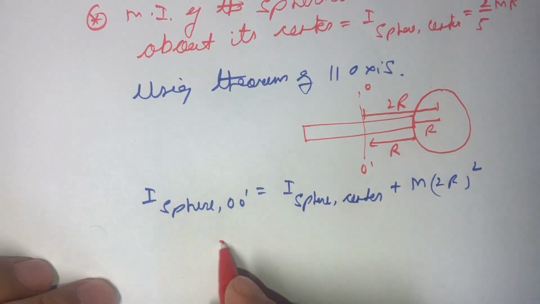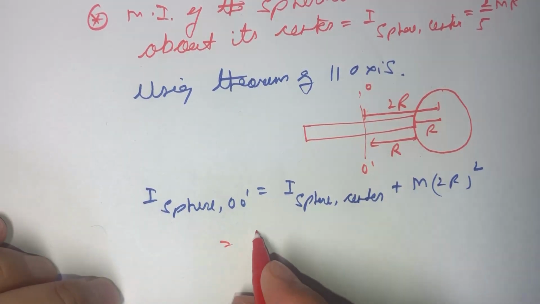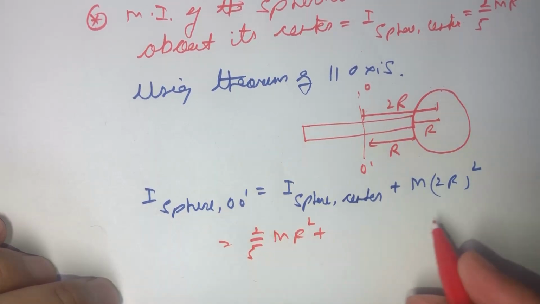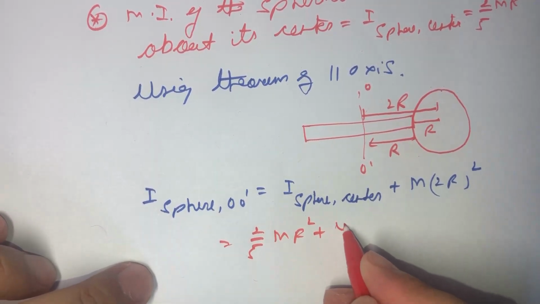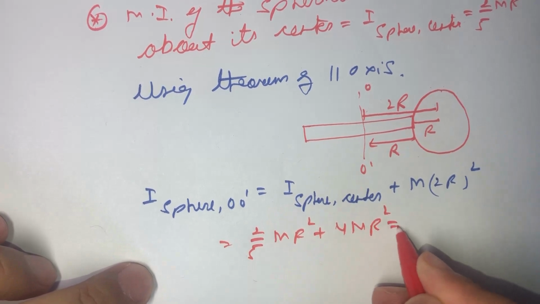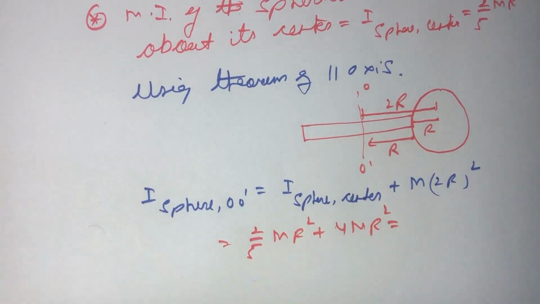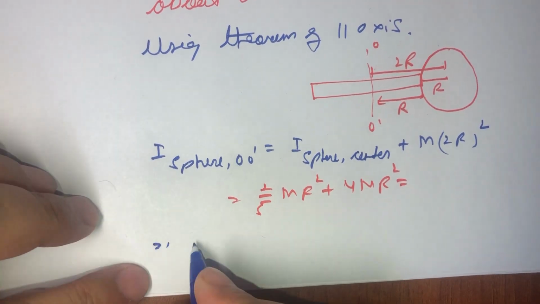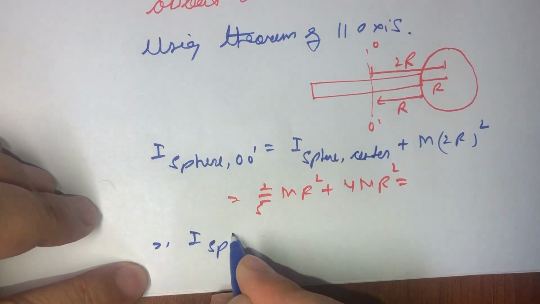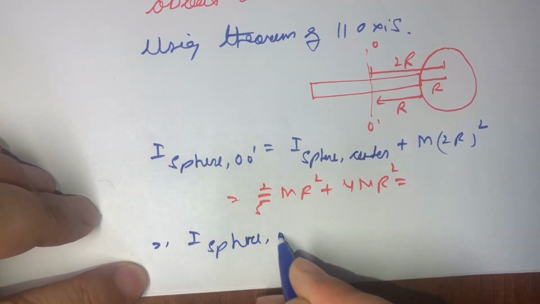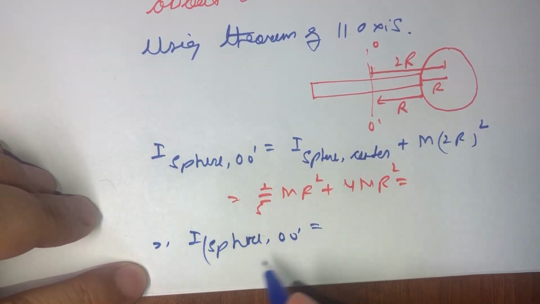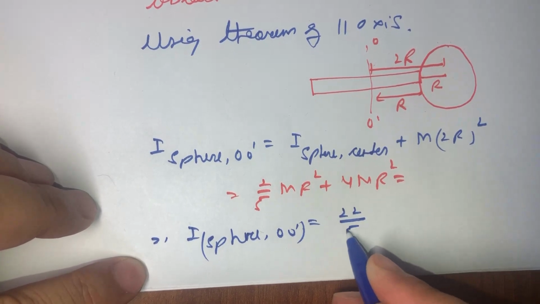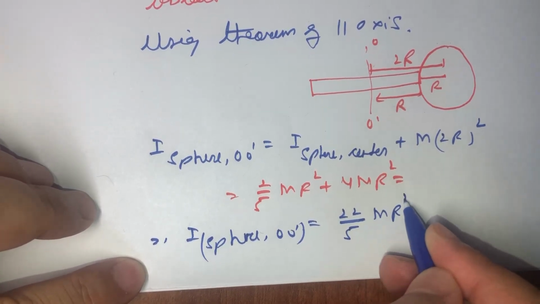So we already know I sphere with respect to center is 2 by 5 mr square, plus this will be also coming as 4 mr square. Therefore we get I sphere with respect to axis OO prime is equal to 22/5 mr square.